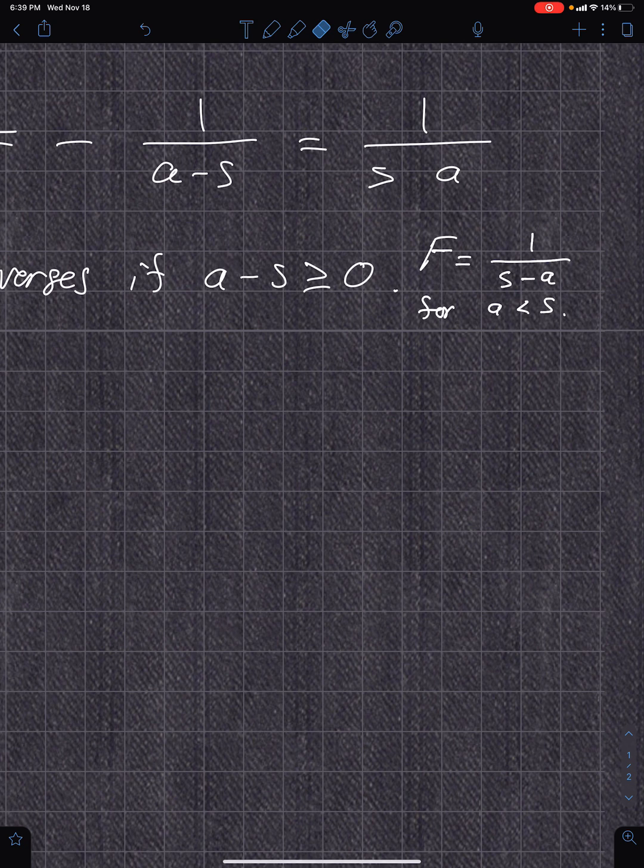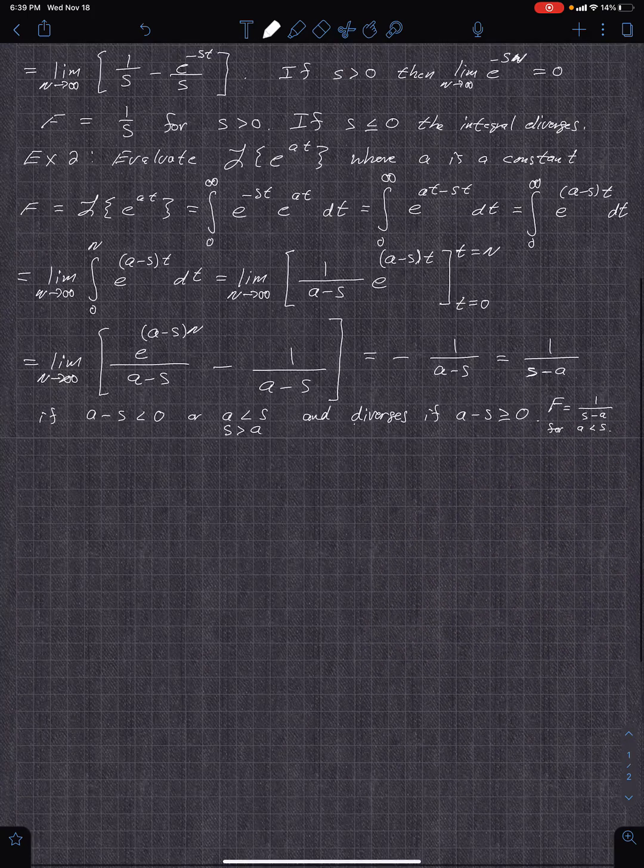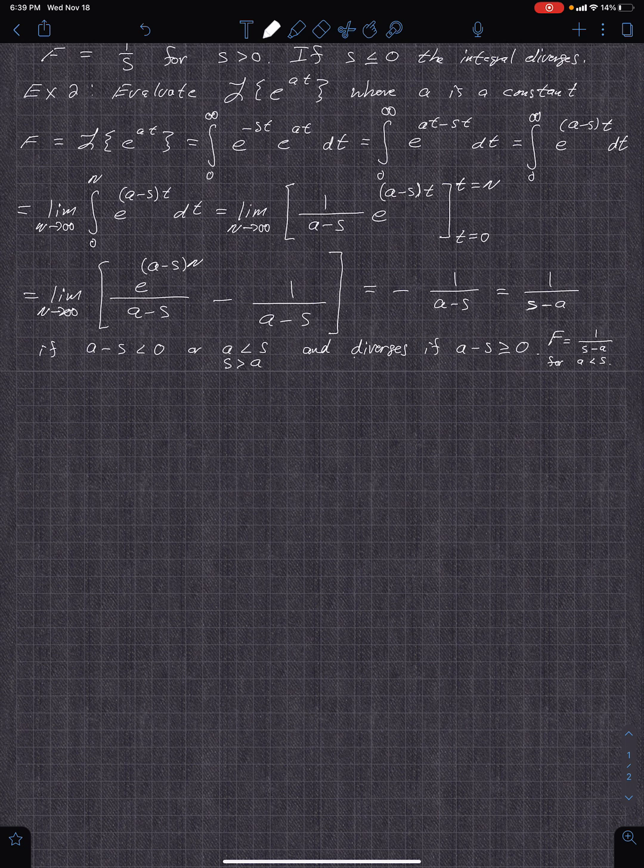So you just have to see when it's going to converge and diverge, depending on your variables. And so when you're doing these, you have to picture a as a constant, right? So it's not a variable. Your t is like a dummy variable because it's just there to evaluate. But s is the function we're concerned with, function value.